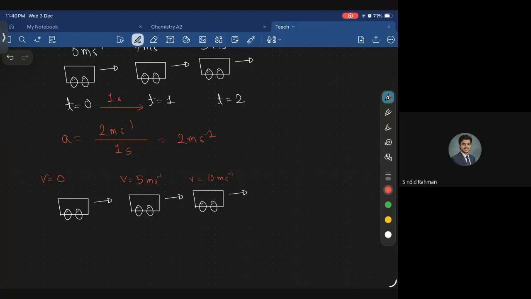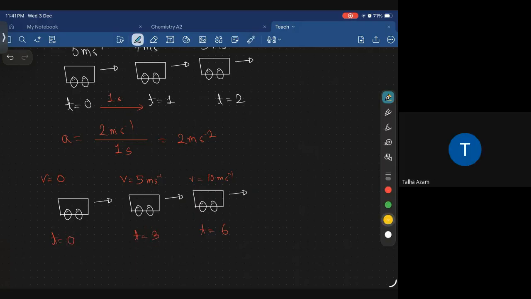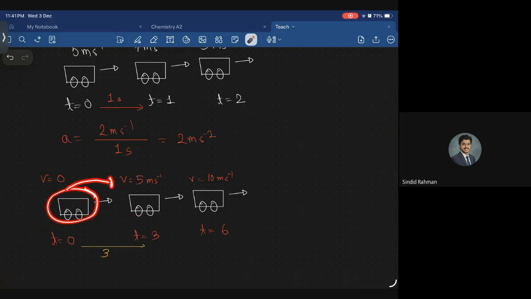And at t equals 0 and t equals 3 and t equals, let's say, 6. So basically there's a time interval of 3 seconds between these two. So what can I identify from this statement, that there is a 3 second difference, is that the car has been increasing its speed for 3 seconds, right?